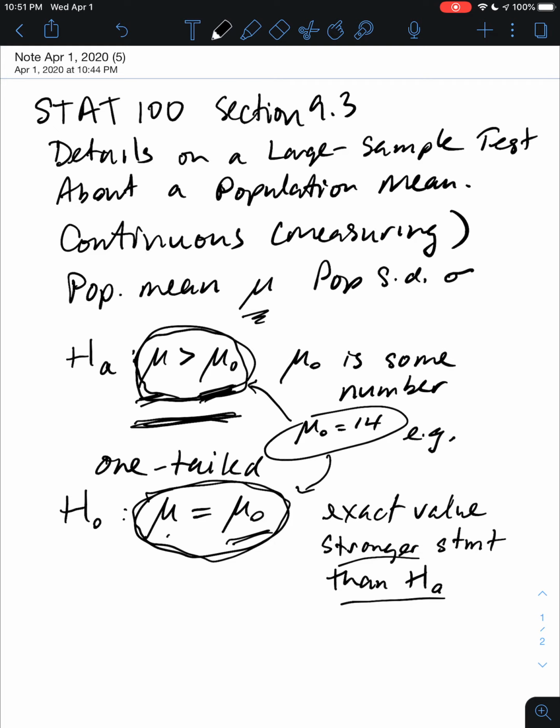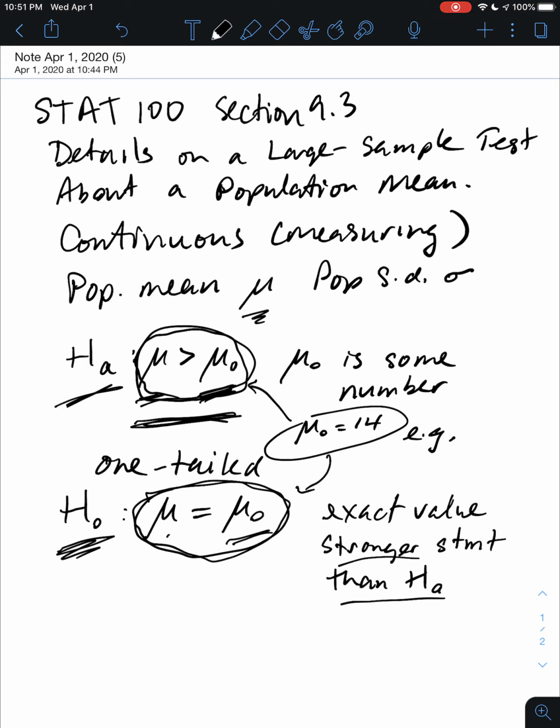That's why we work with the null hypothesis. We prefer to work with the null hypothesis because it's a stronger statement and it's easier to contradict. So it's easier to prove H sub 0 is wrong, to reject H sub 0, than it would be to prove that H sub a is right, because of the strength of the statement.